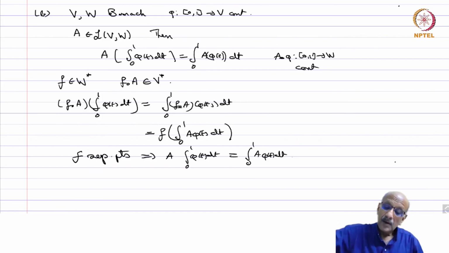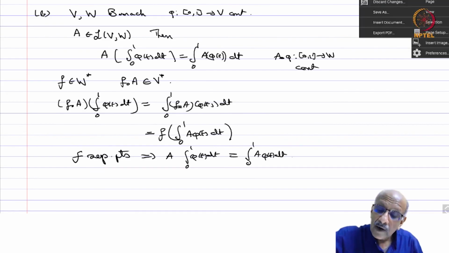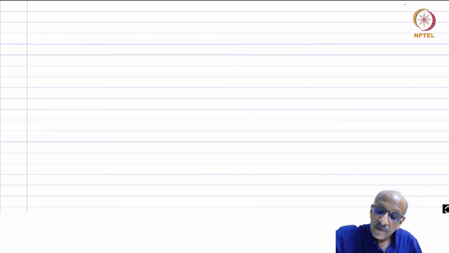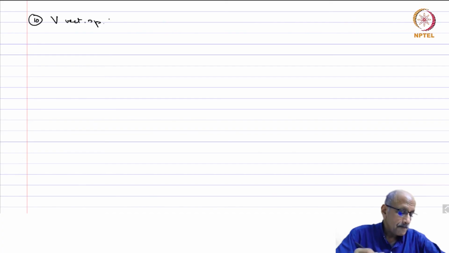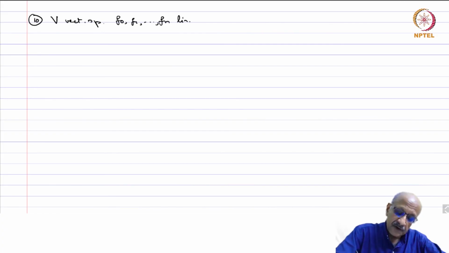Okay, so we will now do one last exercise, exercise 10. It's a very nice exercise which has a lot of applications. So V is a vector space, f0, f1, ..., fn linear functionals.